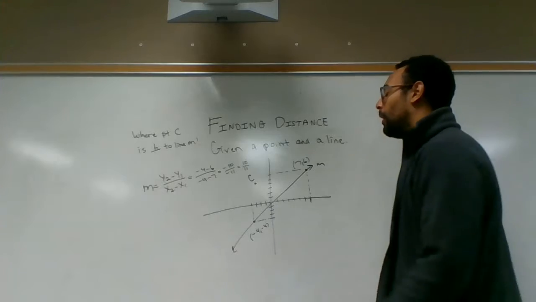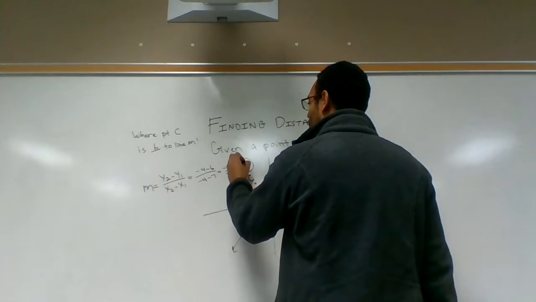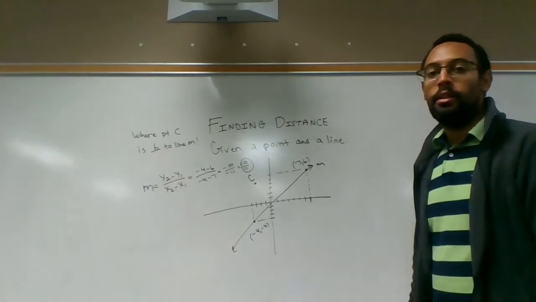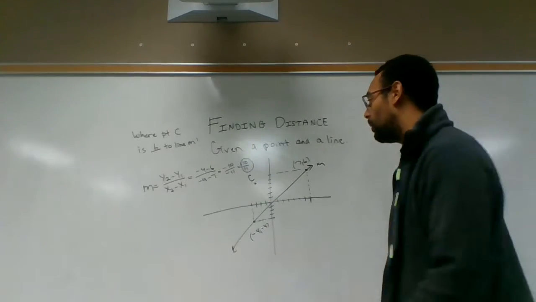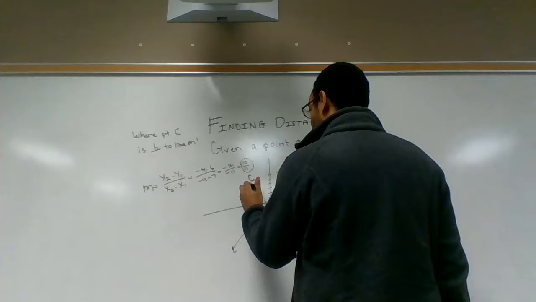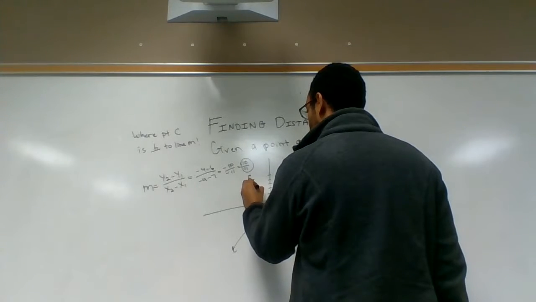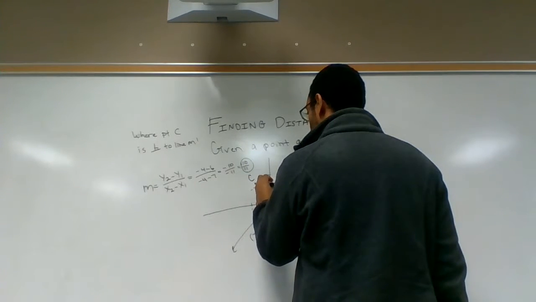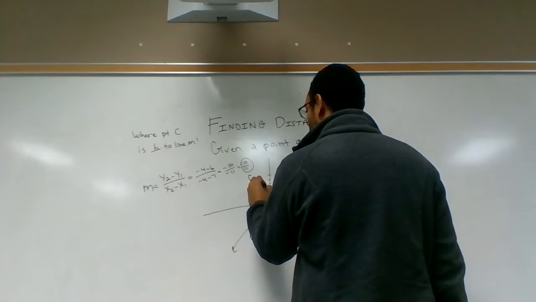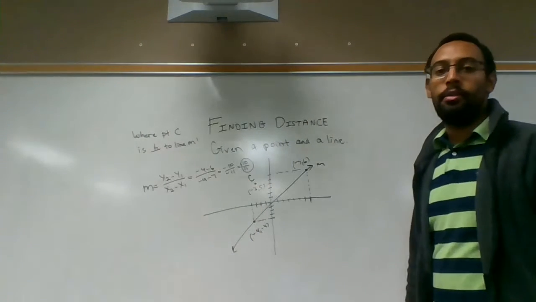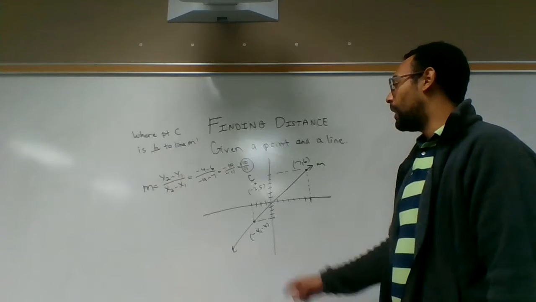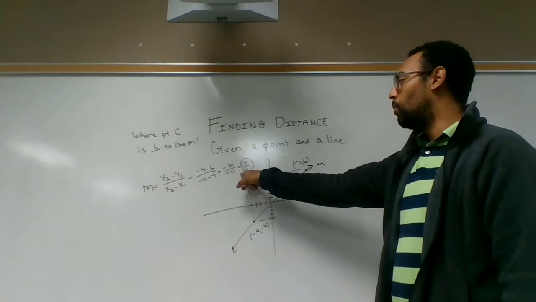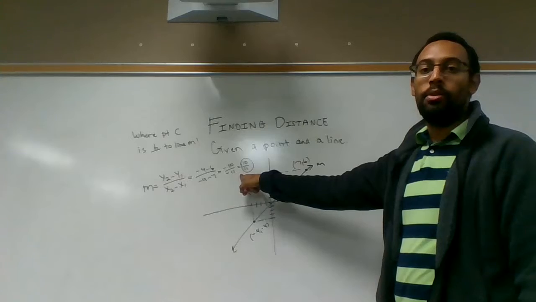Okay, now we want to find the slope that's perpendicular, and it's going to go through point C, which happens to be -3, 5. C is located at -3, 5. Okay, but we want to find the perpendicular slope. So what would the perpendicular slope be to 10 elevenths?